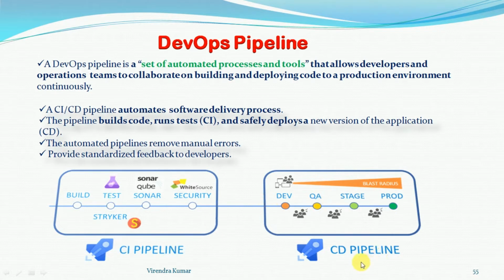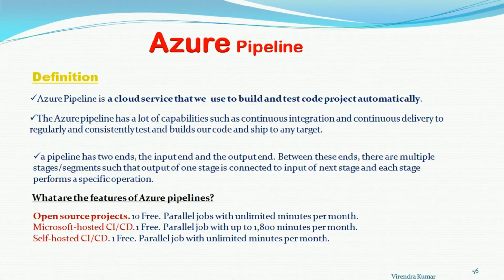These come under the CI pipeline. Then we have the continuous delivery pipeline, where we have the deployment, the QA for testing, the staging environment, and then the production environment. So we can deliver the build into the specific environment.